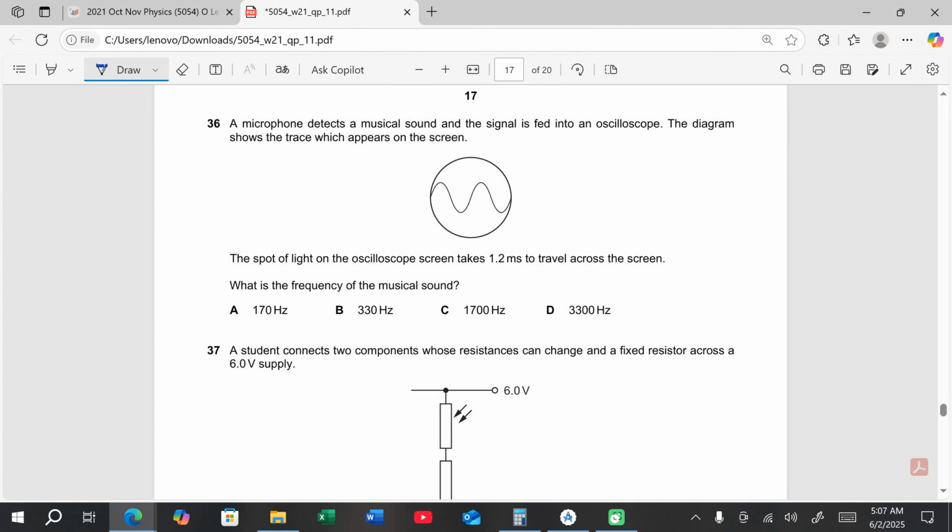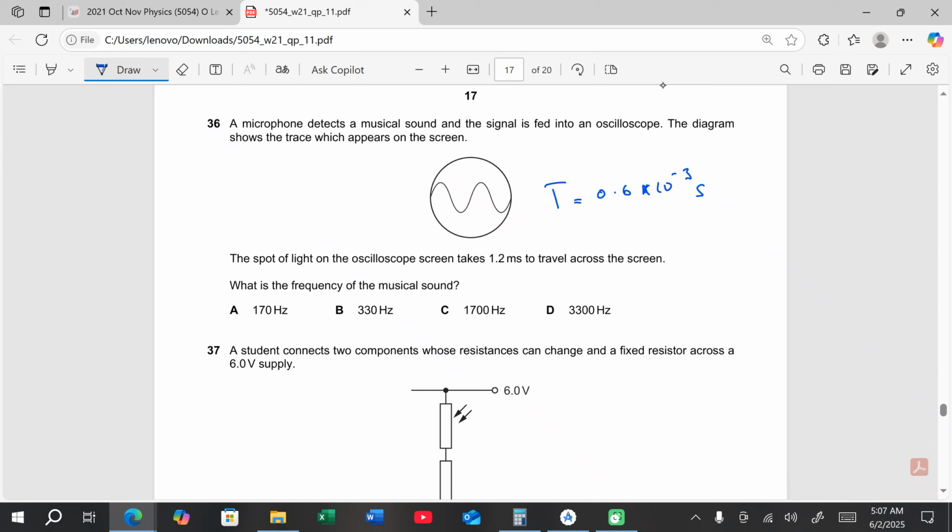A microphone detects a sound, and a signal is fed into an oscilloscope. The diagram shows the trace on the oscilloscope. The oscilloscope takes 1.2 milliseconds to travel across the screen. What is the frequency? First of all, there are two waves in 1.2 milliseconds, so for one wave it is 0.6 milliseconds. Milli is 10 to the power of minus 3 seconds.